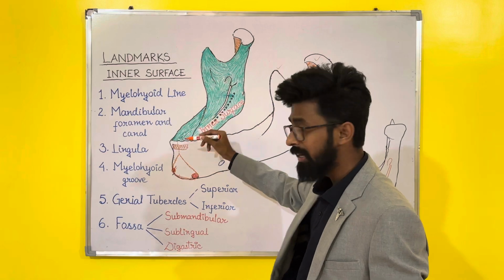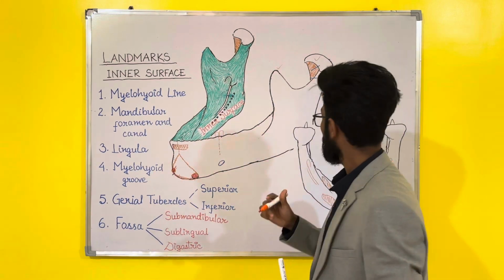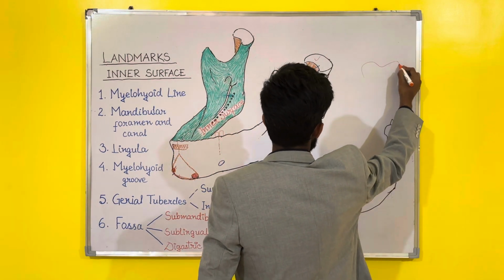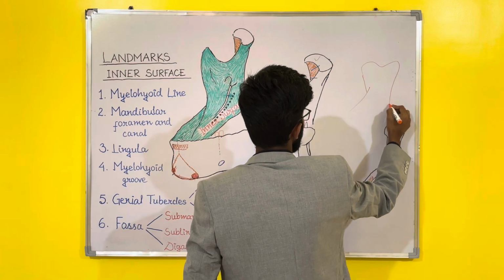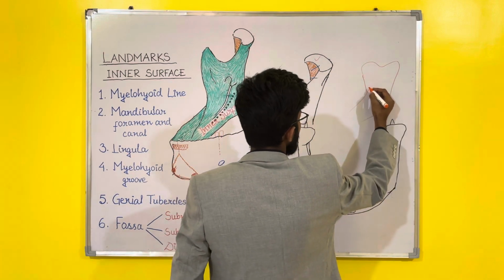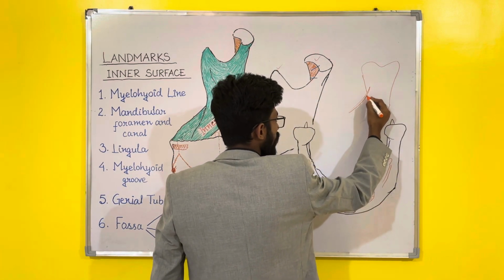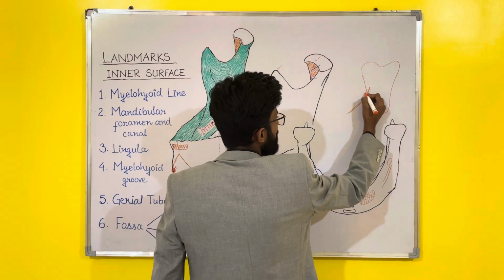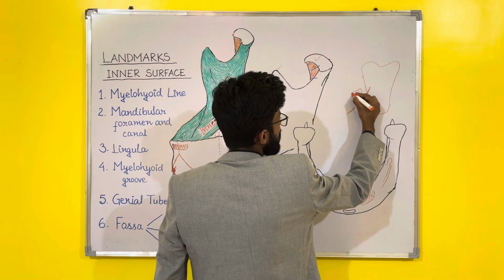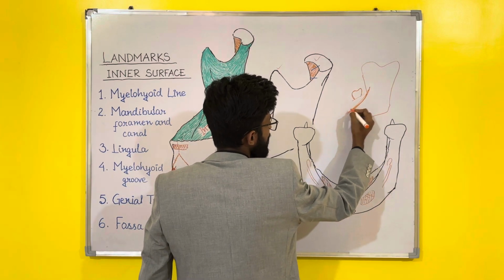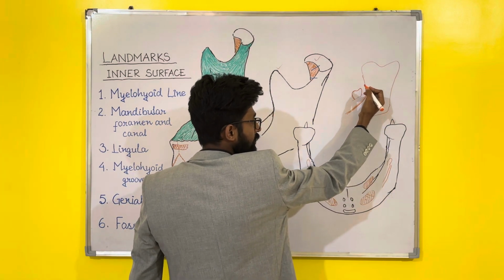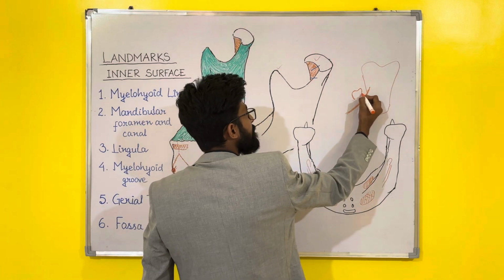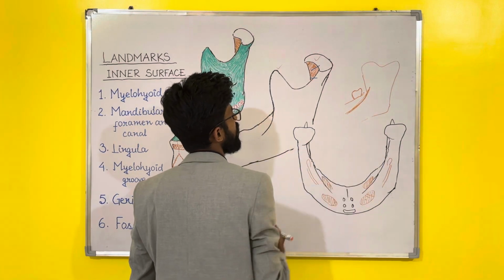If this one is the ramus, seen in the lateral aspect, the mylohyoid line runs obliquely downwards and forwards below the third molar teeth.